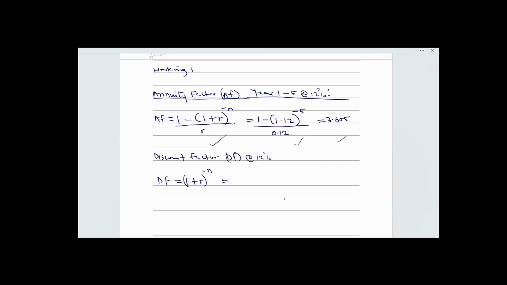So for year 1, it will be 1.12 raised to power minus 1. So bring out your calculator. Let's confirm. 1.12 raised to power minus 1 equals 0.893. So that's the discount factor.